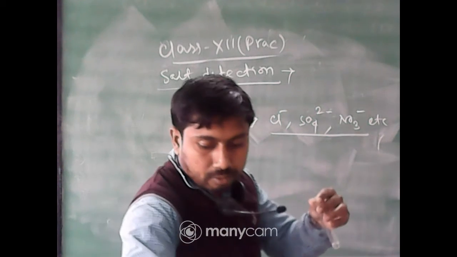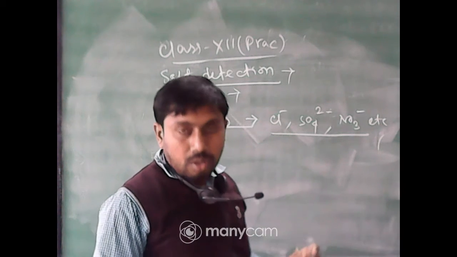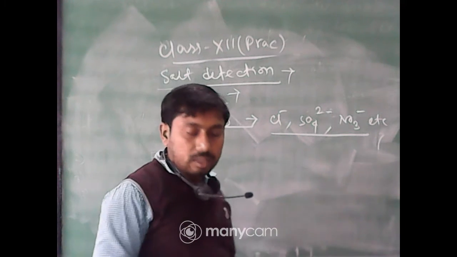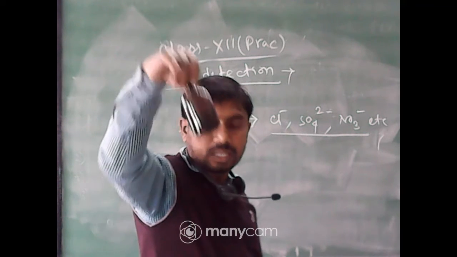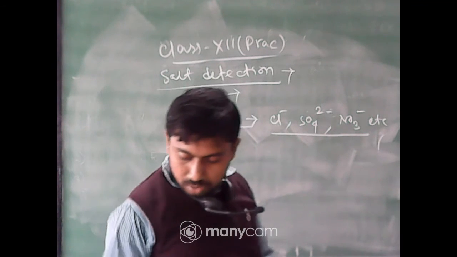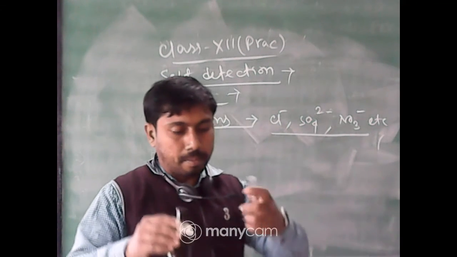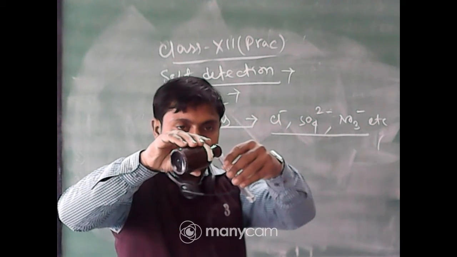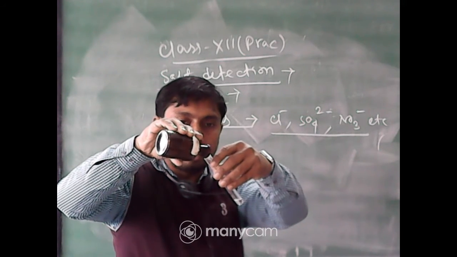Taking a very little volume of sample. What is the reagent for chloride? This is silver nitrate, which is found in such a colored bottle. Now adding silver nitrate very cautiously to the solution.